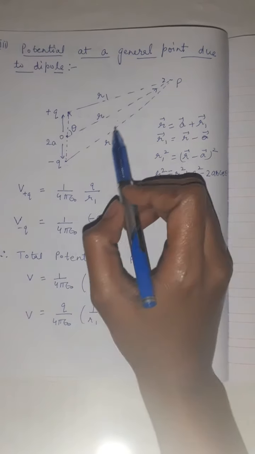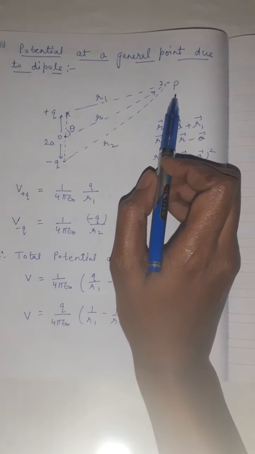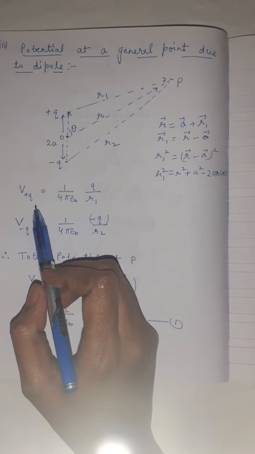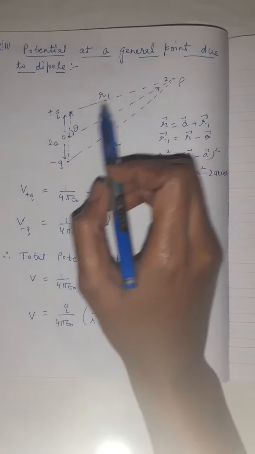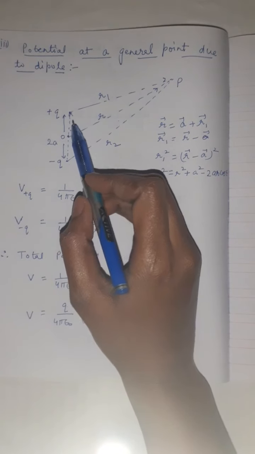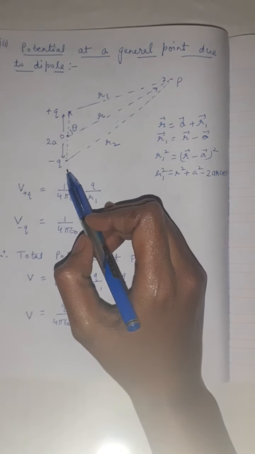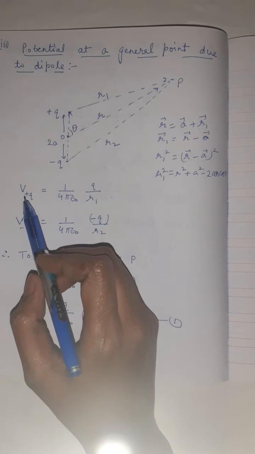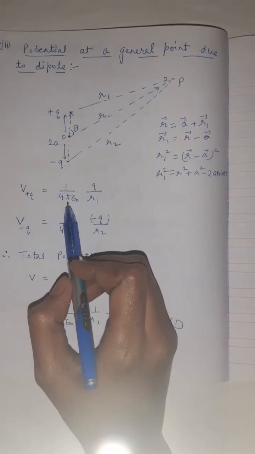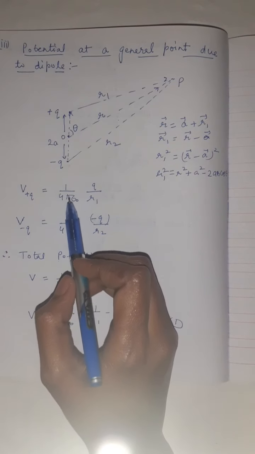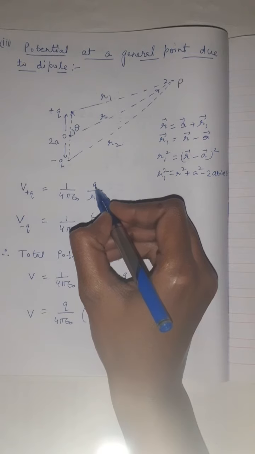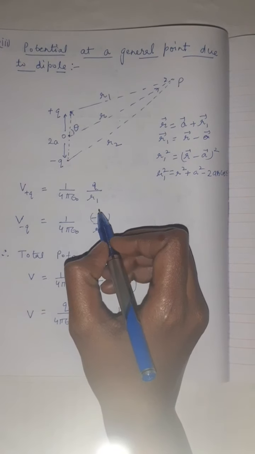Now we will calculate the electric potential at point P. Like in the previous cases, we will write the potential due to plus Q charge as well as due to minus Q charge. So V plus Q, meaning potential at P due to plus Q charge, will be equal to 1 upon 4 pi epsilon naught, charge plus Q, divided by distance.